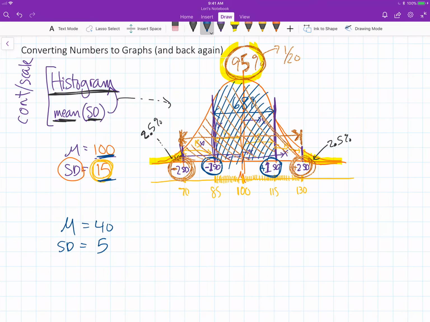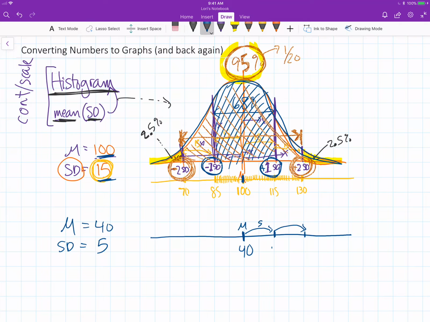So in this case, we have the same exact normal curve. That doesn't change. What's changing is the actual scale that goes along the bottom here. So instead of being centered at 100, we're going to have our mean at 40, and 1 standard deviation above and 2 standard deviations above, that interval is 5.